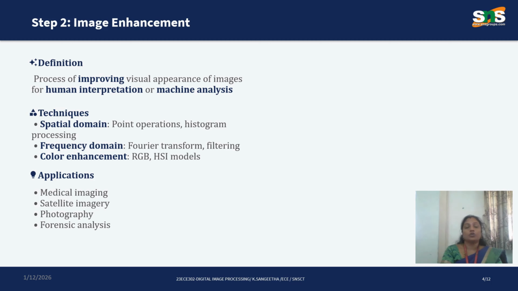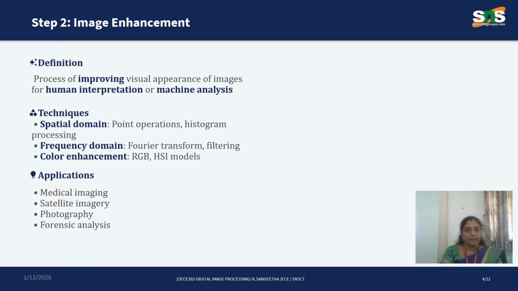An image is a two-dimensional function, f of x comma y, and it is represented in matrix form. The pixels are the smallest elements in the image. In the frequency domain, the image is converted from the spatial domain to the frequency domain. Why do we translate from the spatial domain to the frequency domain?